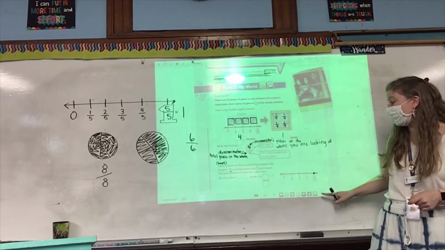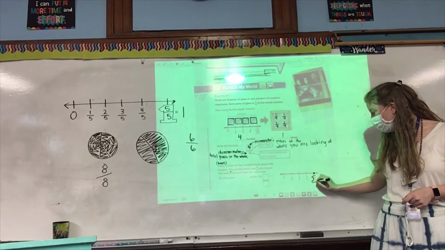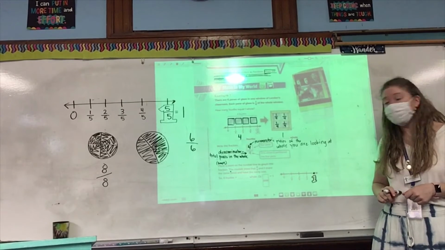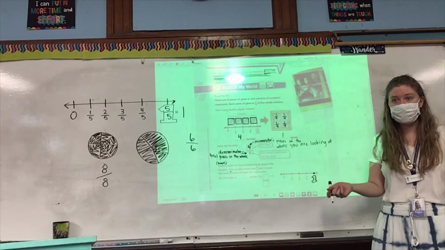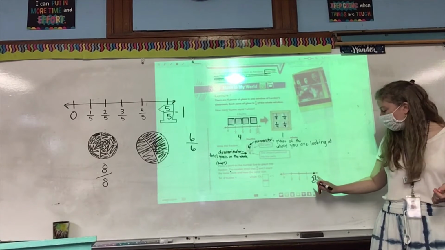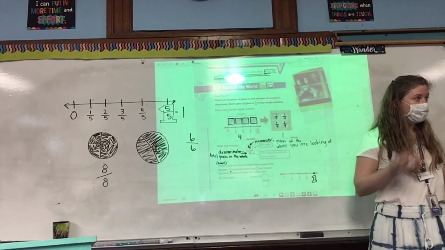And we can see that 4 fourths and 1 share the same point, which means they're the same size, right? If you're plotting something and it has 2 labels, well, that means those labels are the same.